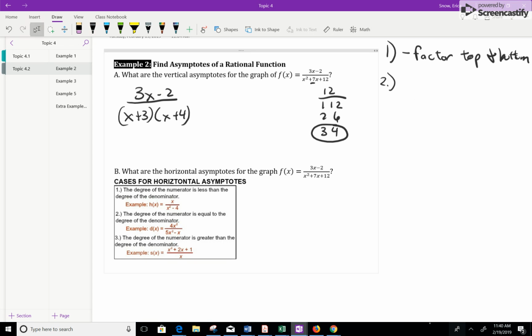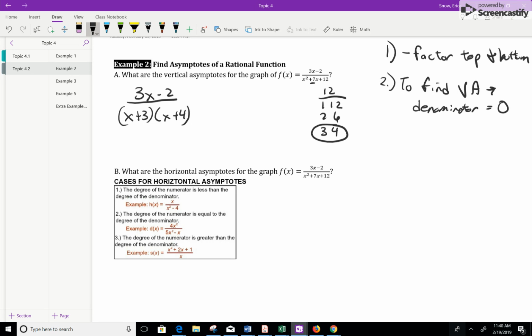The next thing is to find the vertical asymptote. So to find the vertical asymptote, this is where your denominator is equal to 0. And the reason we have an asymptote there is because the denominator can never equal 0, because we cannot divide by 0. So just a little reminder, you cannot divide by 0.